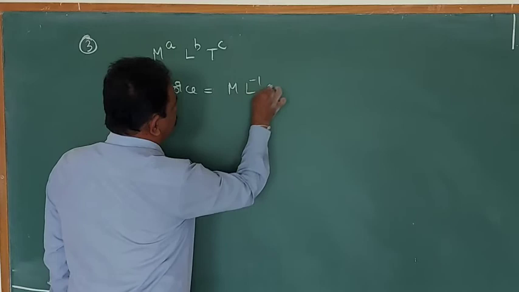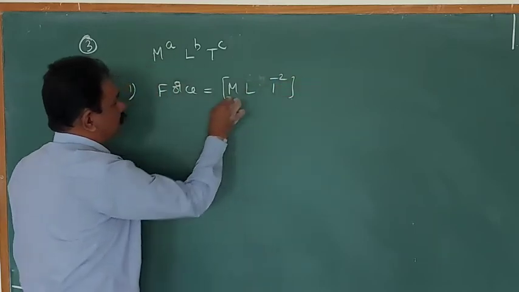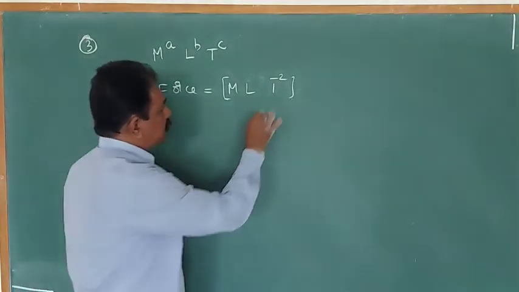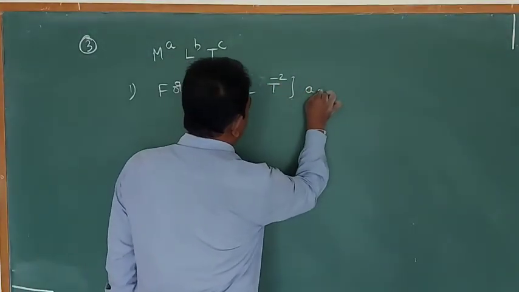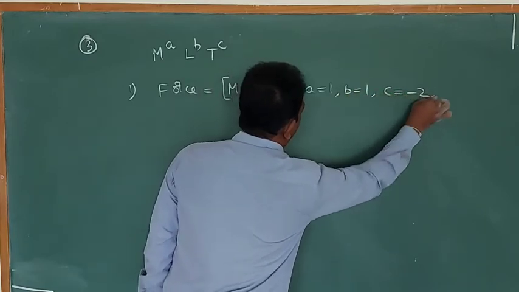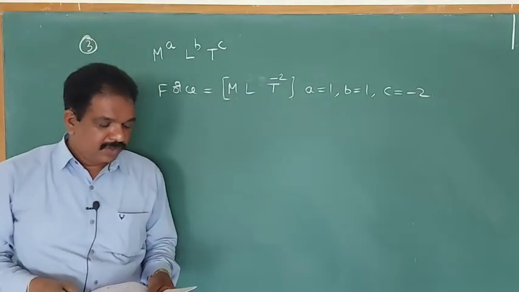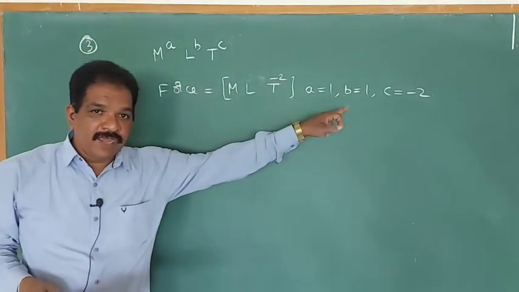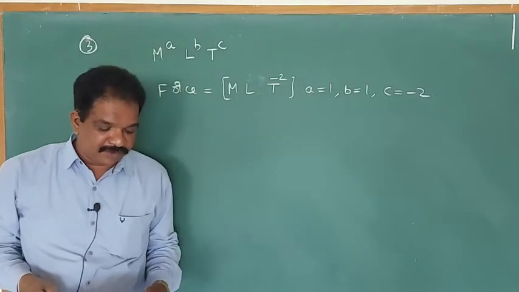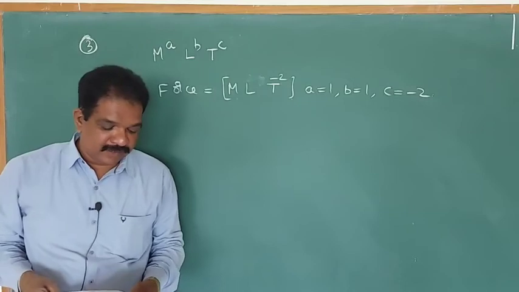M L T power minus 2. Means a value will be equal to 1, b value is equal to 1, c value is equal to minus 2. They gave c value as plus 2 in the first option. Plus 2 they gave. So the first option is not correct.